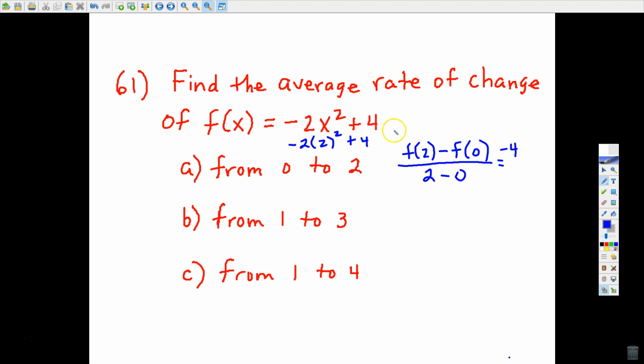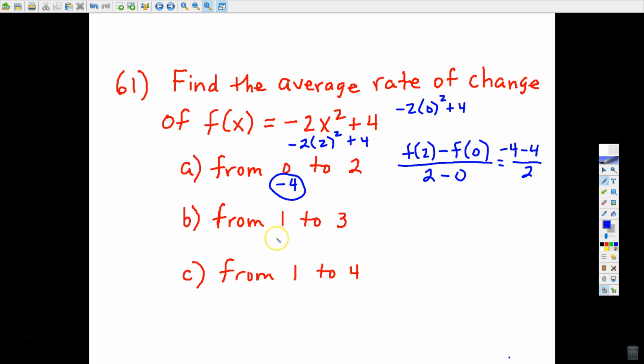Now let's do f of 0. So that means input 0 into the function. And we get 4. So we're going to be subtracting f of 0, which is subtracting 4. And then this denominator is 2 minus 0, which is 2. So the rate of change for letter A, it's negative 8 divided by 2, which is negative 4.